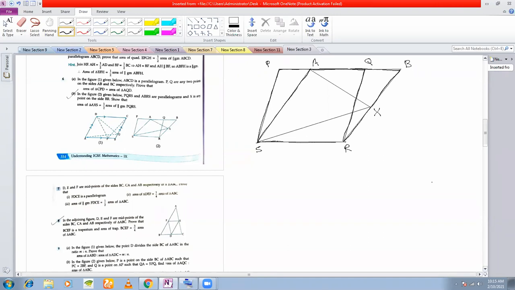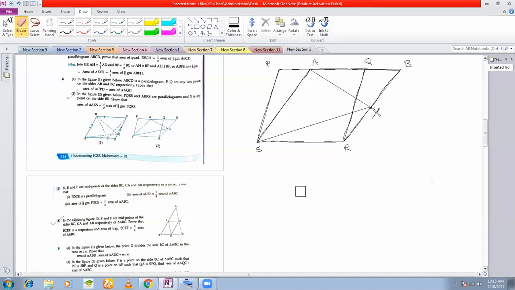The two parallelograms you can see, and X is any point on the side BR. So X here is any point on this side BR of the parallelogram ABRS actually. BR is a side on the parallelogram ABRS.